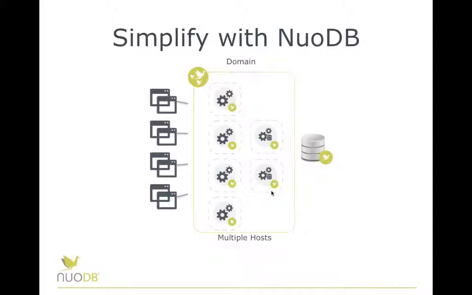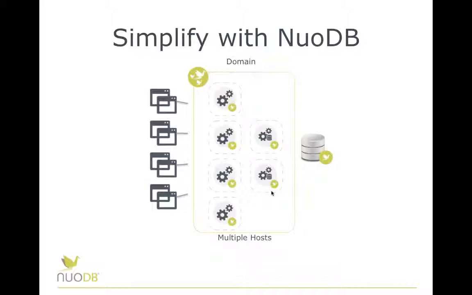Now, NuoDB handles all of the scalability components for you. And this is a real easy example of how you can get started with NuoDB. Beginning with the domain, which is essentially just a top-level container for all of the resources that can participate in a NuoDB database, you can then add a single host to this domain, or you can add multiple hosts to this domain.